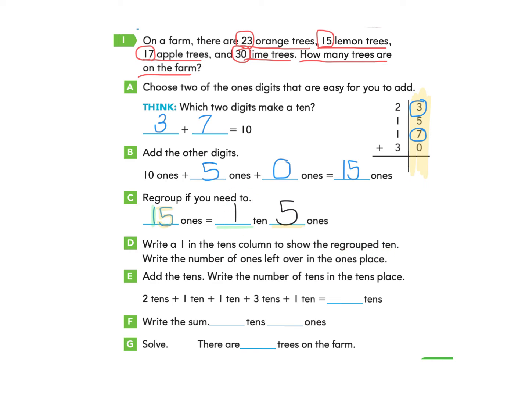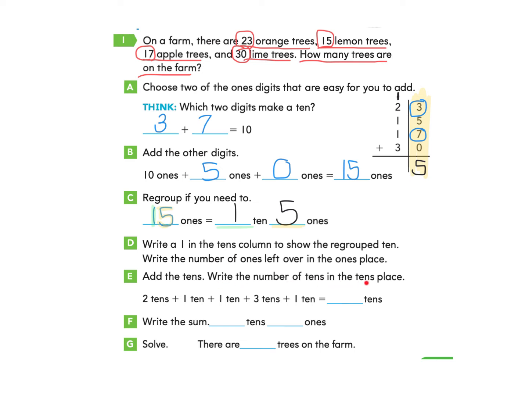So this 10 right here, I'm going to write that 1 right here. And then I'm going to write the number of ones left over in the ones place. The number left over in the ones place is 5, and I'm going to write that here in the ones column. Great job.